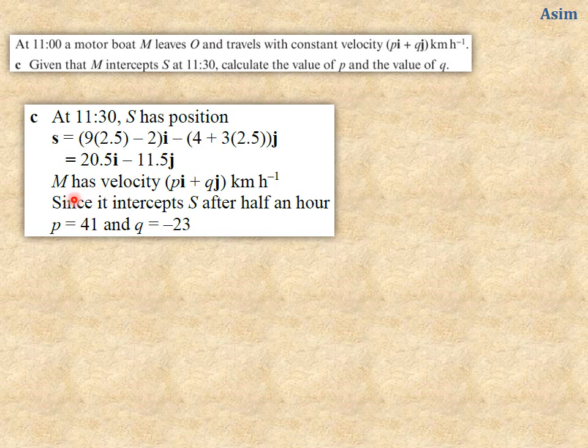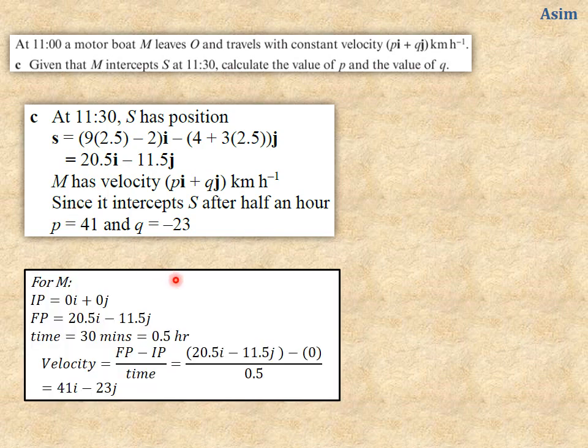Now for S we have this formula, and because S started at 9 a.m., from 9 to 11:30 it's 2.5 hours, and that is why in place of t we just substitute 2.5.